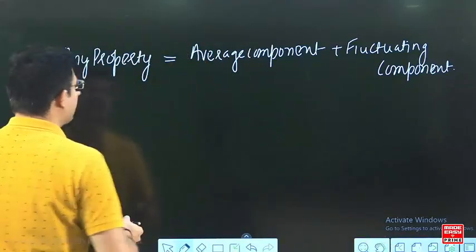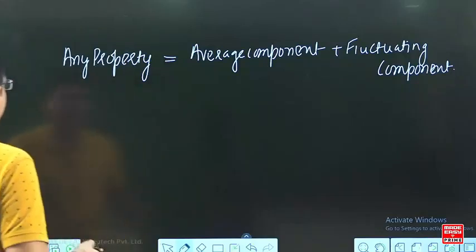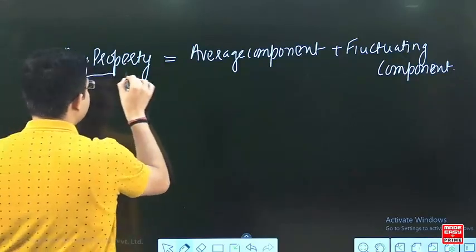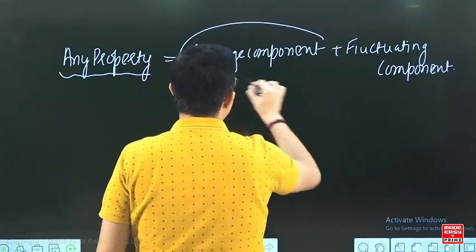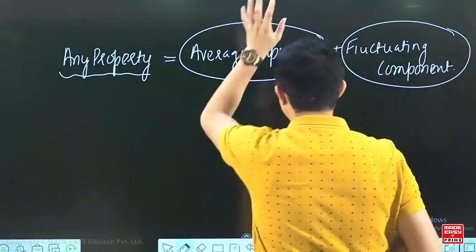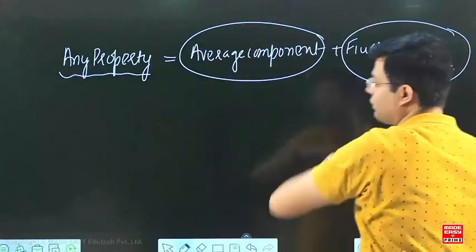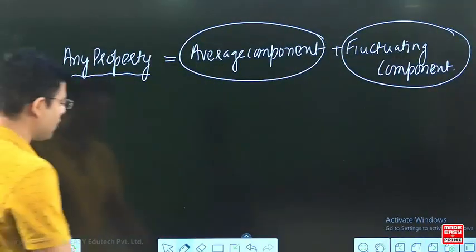So scientists have devised a method to study the various properties in turbulent flow. They said that any property in turbulent flow can be written as a combination of average component and the fluctuating component.